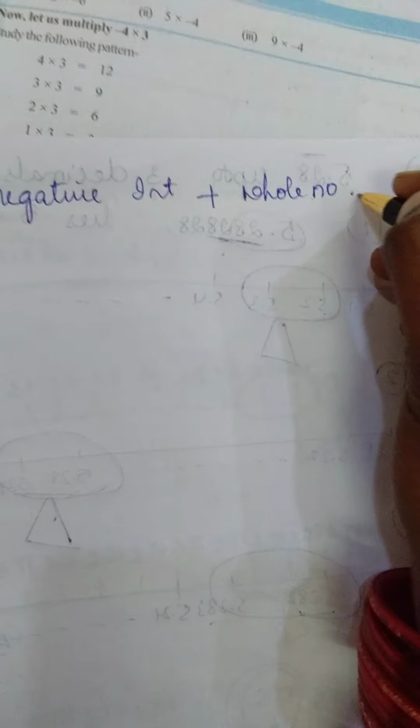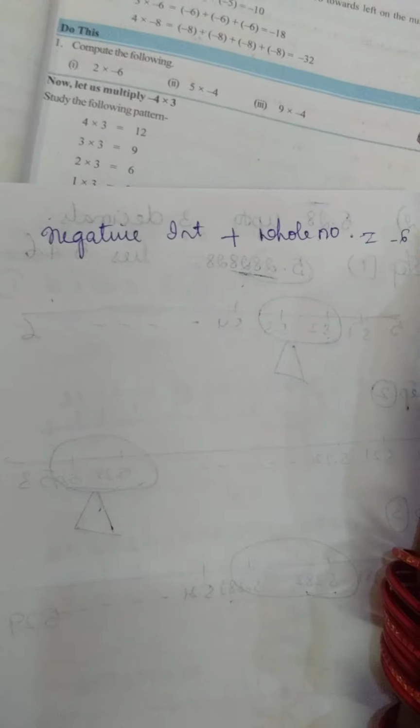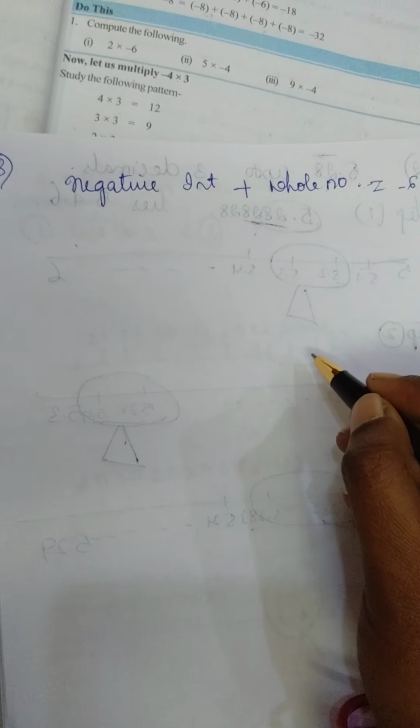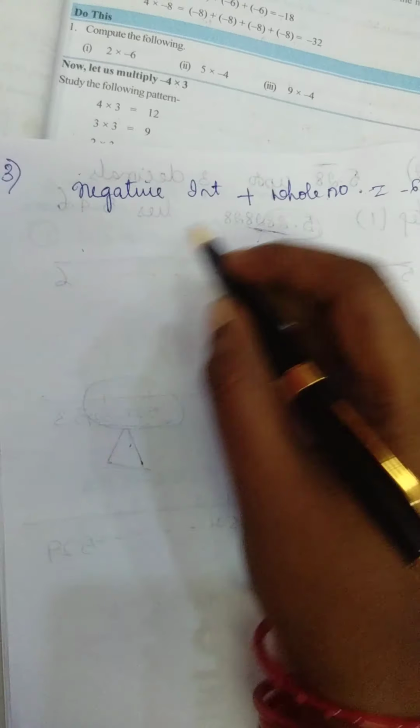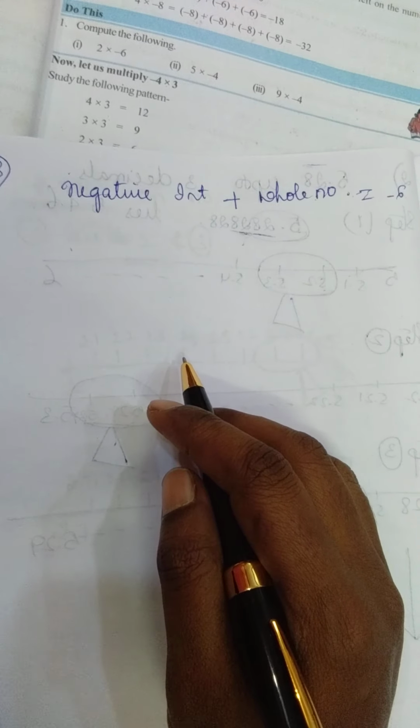If you add this negative integer and whole number, the resultant should be minus 6. You have to write any negative integer and add any whole number so that after adding these two, you get the answer minus 6. We'll see how to do it.